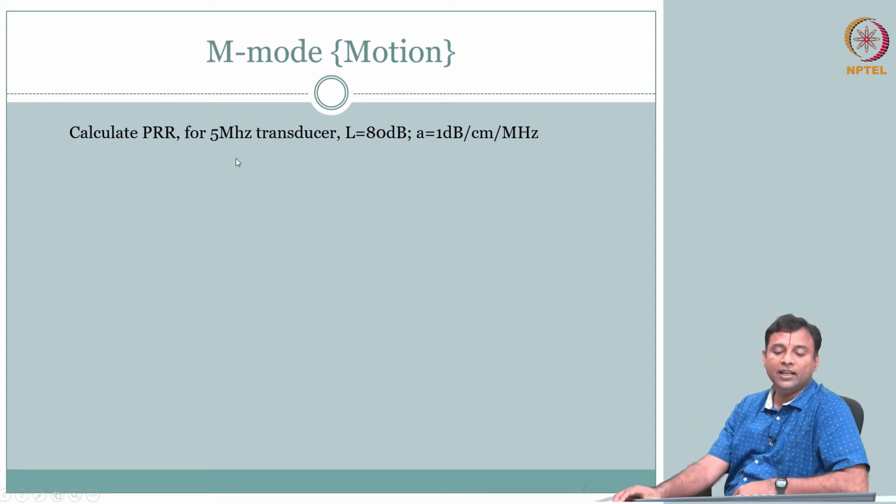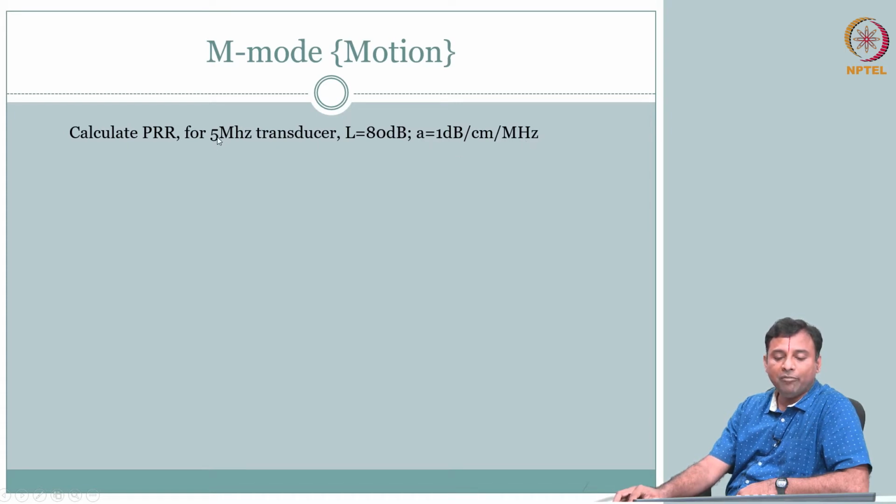Say for a 5 megahertz transducer, the loss is given. I pretend I want to do this heart imaging, so I am given a transducer. How fast can I go? Just to get an appreciation for the number, if you have 5 megahertz, alpha is 1 dB per centimeter per megahertz.